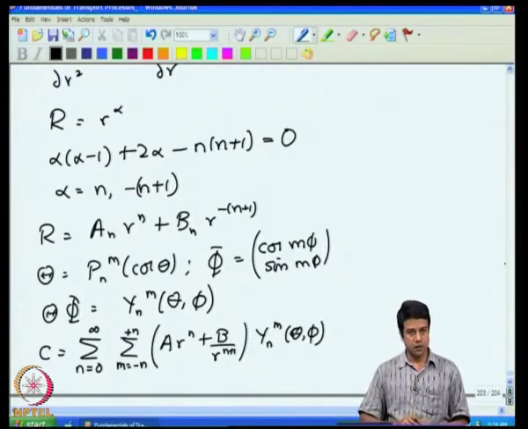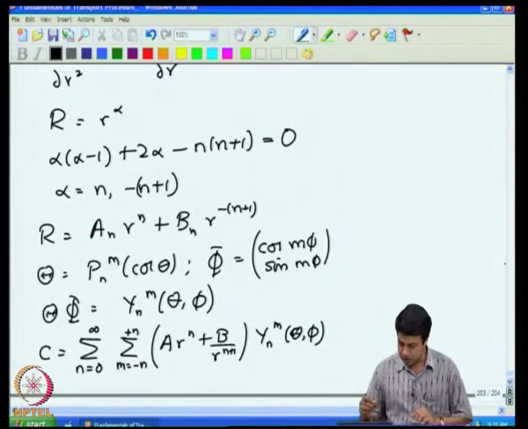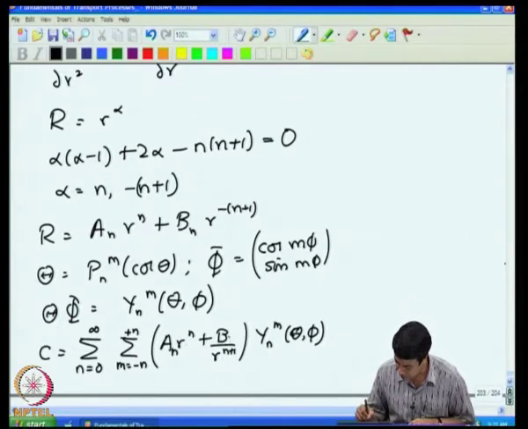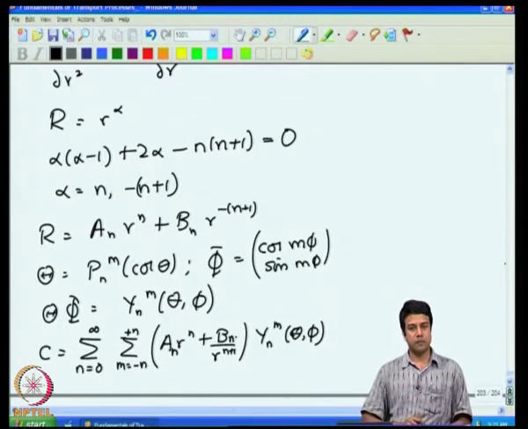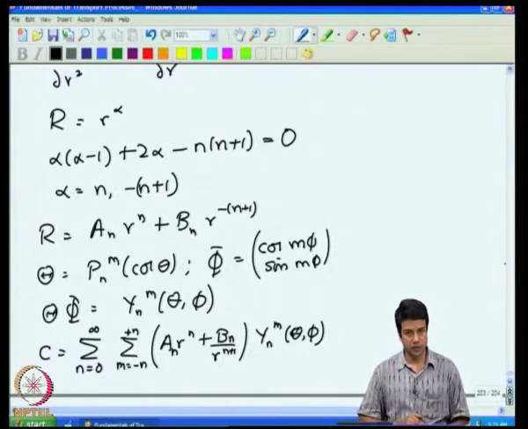So, this is the final solution for the concentration field, where a n and b n are in general constants which have to be determined from boundary conditions.